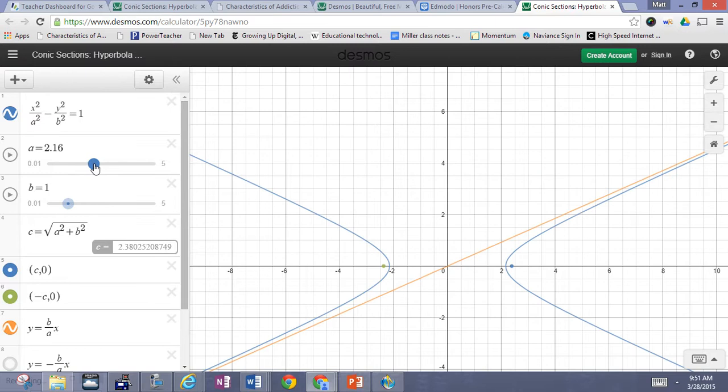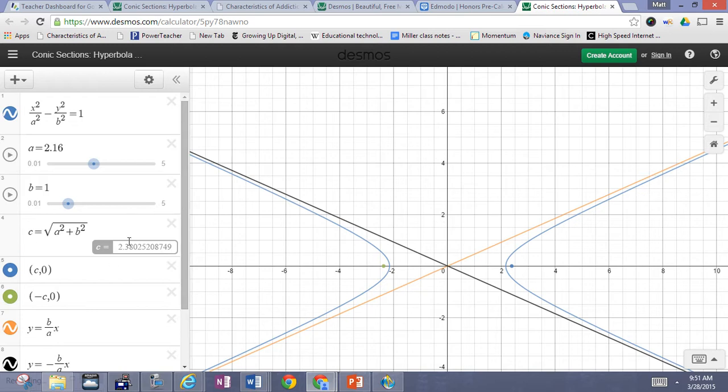The other asymptote is the opposite of that, here. Very often the easiest way to sketch these is to sketch them in with the asymptotes, and there you have a nice clean graph. We'll show you in the subsequent video how you can build the box there, the diagonals of which define those asymptotes.